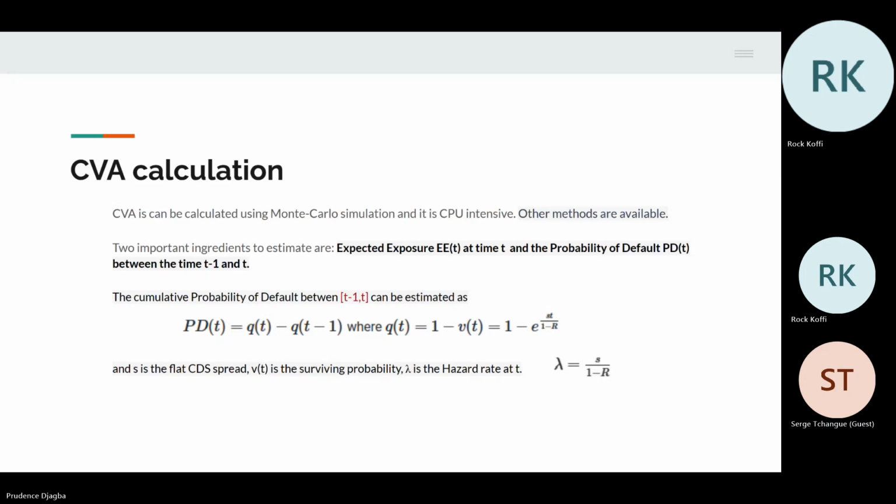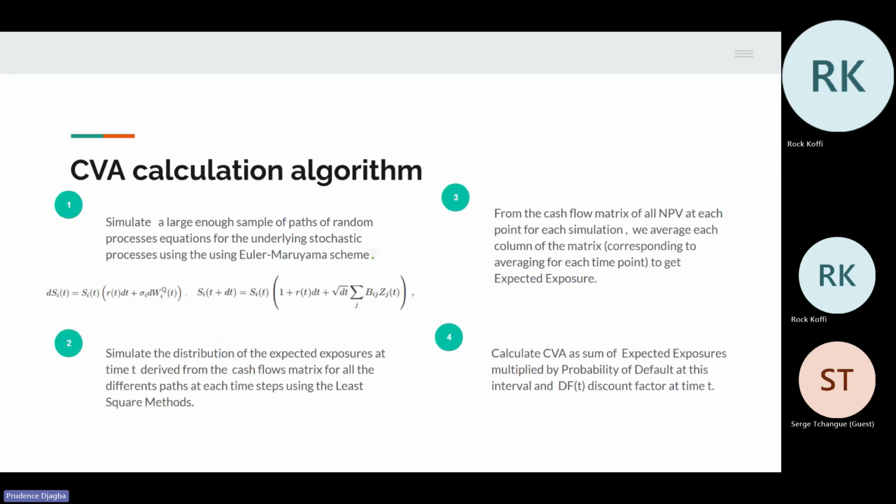All right. Thanks. So another thing I noticed from the algorithm here, the first important point is to generate some paths, a large number, a sample of paths, and we make an assumption that we are generating those paths under the risk neutral measure.